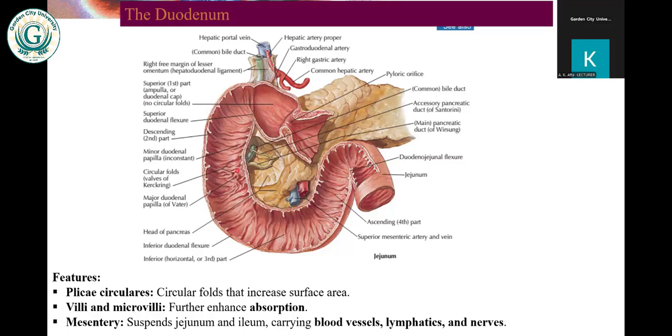The first part is where most duodenal ulcers occur because there are no circular folds. The mucosa there is smooth. The second part is the part where bile and pancreatic juice enter the duodenum. The third part is where the superior mesenteric vessels cross the duodenum.